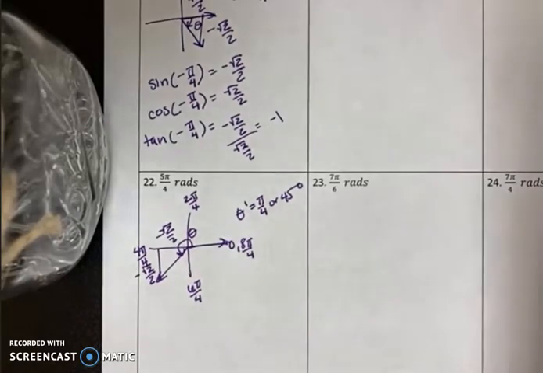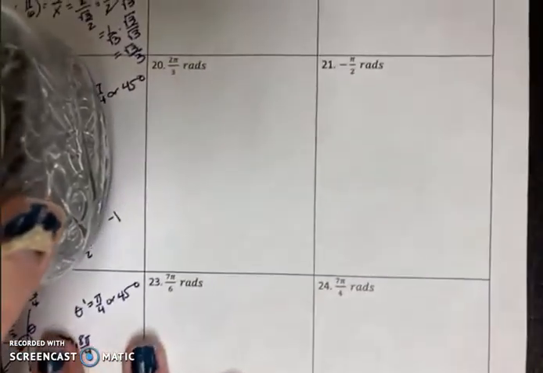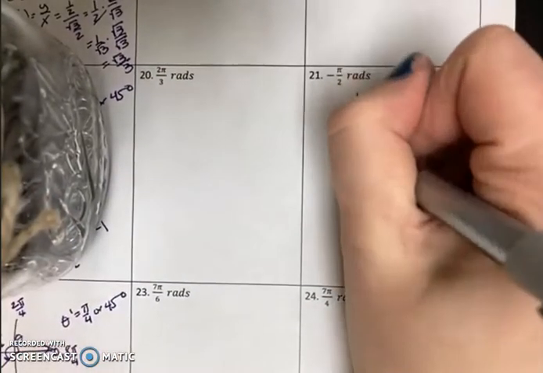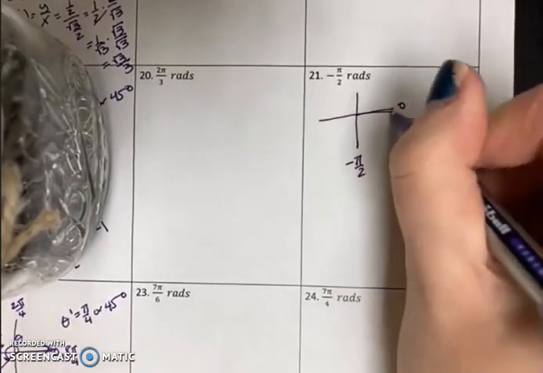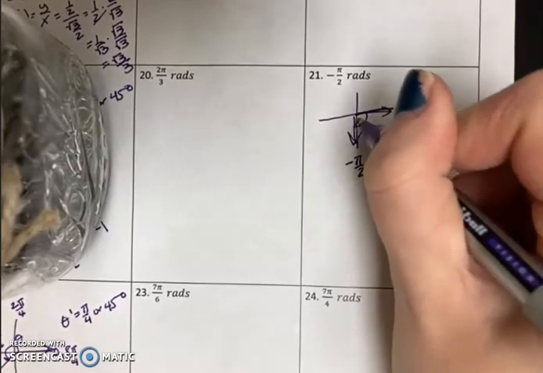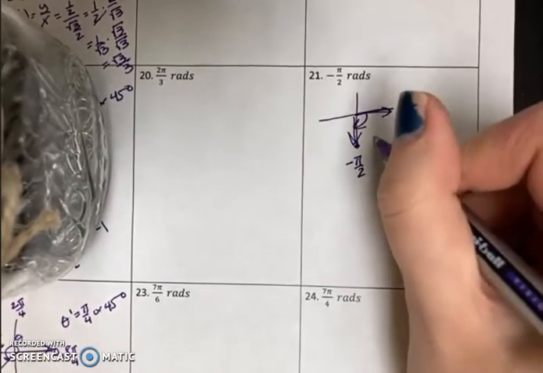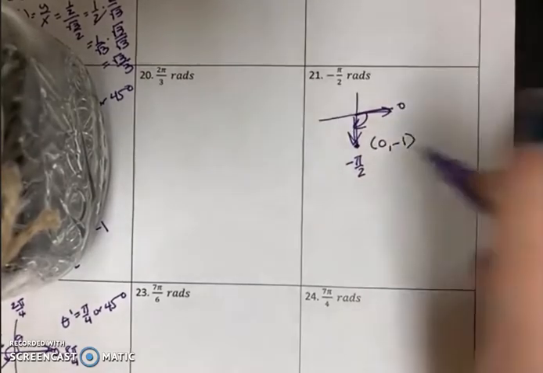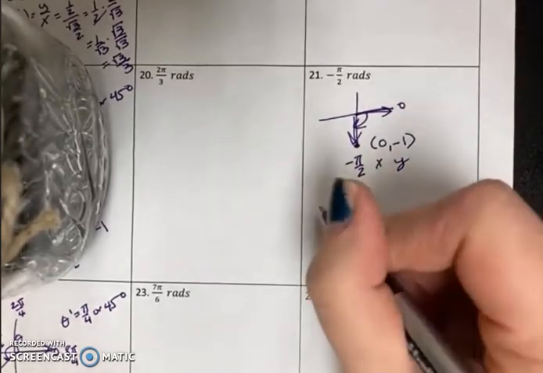I do want to do one more with you, and that's 21. 21 is a little bit different because negative pi over 2 is right here. It's a quadrantal angle, so I just want to show you, if you have a quadrantal angle, just use your coordinates. This is 0, negative 1. So it should be pretty straightforward. We already have the x and y values.